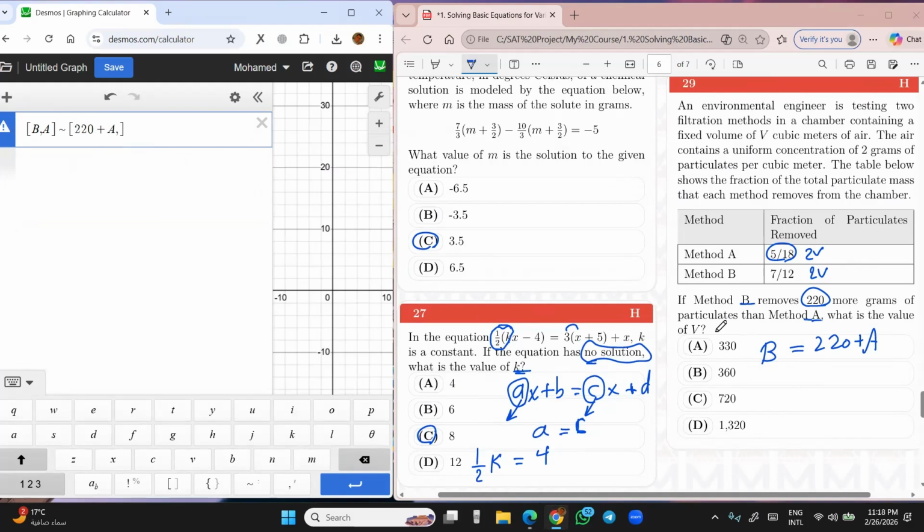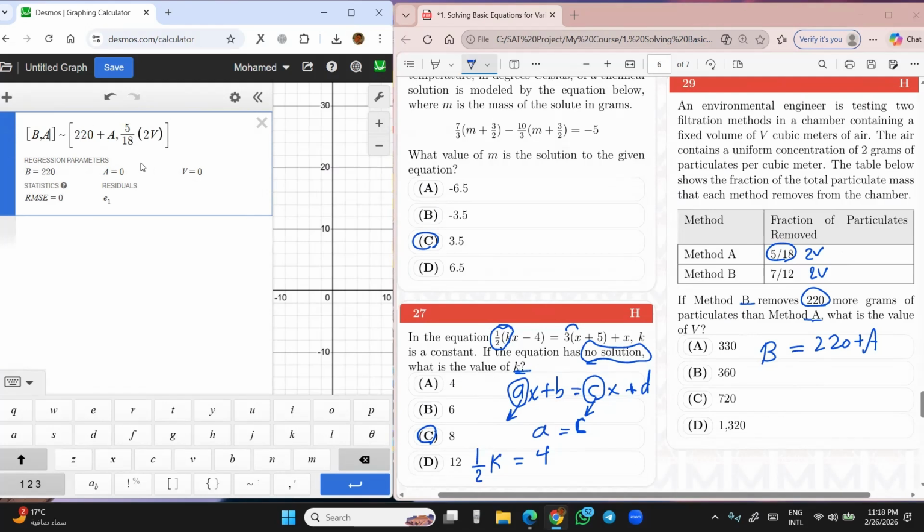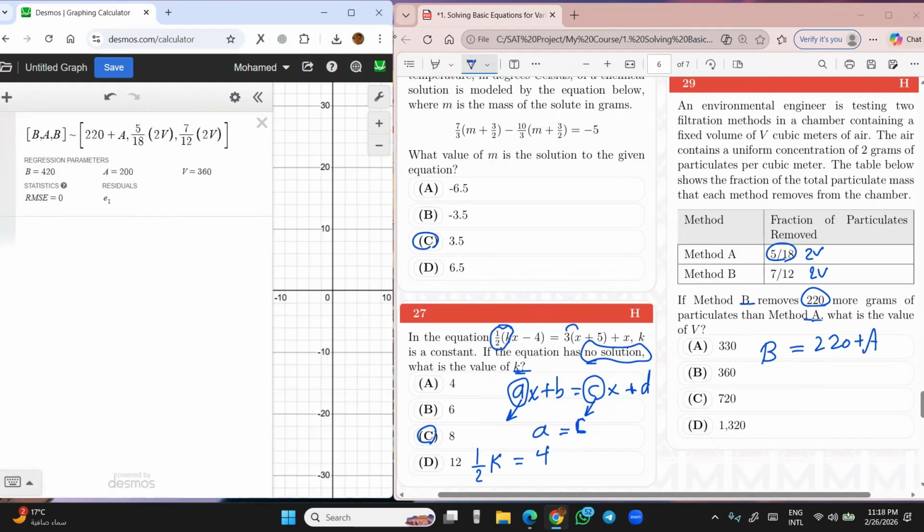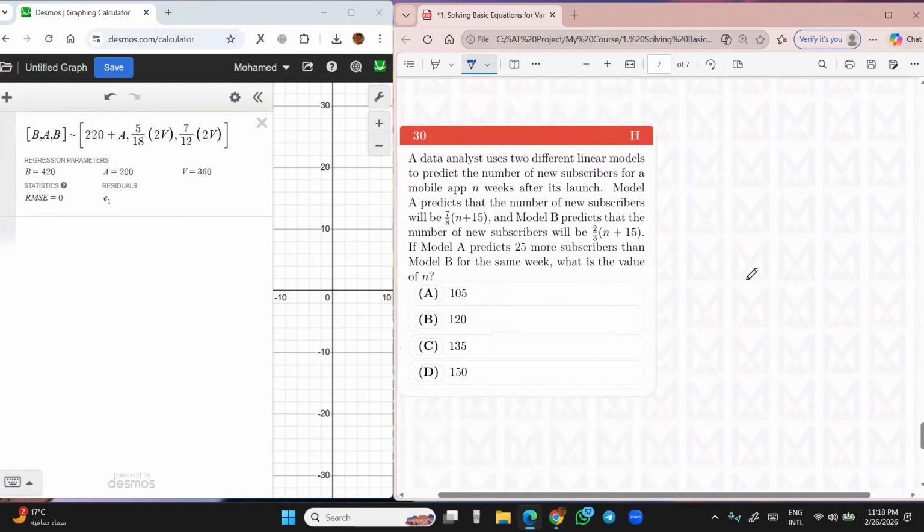And the question says find the value of V, by the way, so we need to get V. A gives 5/18 of the 2V. And what about B? B removes 7/12 of 2V as well. And then the value of V is equal to 360, as you can see here. So that's our answer. And then comes the last question, number 30.